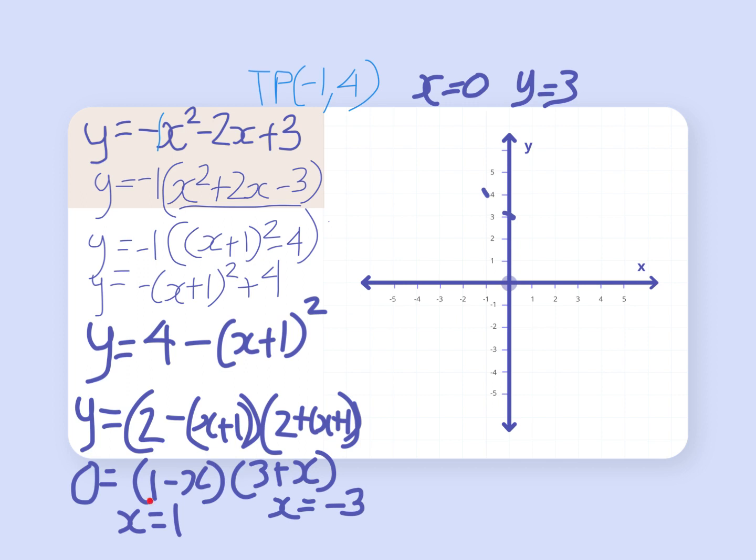They're the two solutions. 1 makes the first bracket equal 0, negative 3 makes the second bracket equal 0. So this parabola is going to have an x-intercept here at minus 3 and here at 1. Now we just join them up and we have the parabola. So we make sure we put arrows on each end and we write the equation and then we're done.